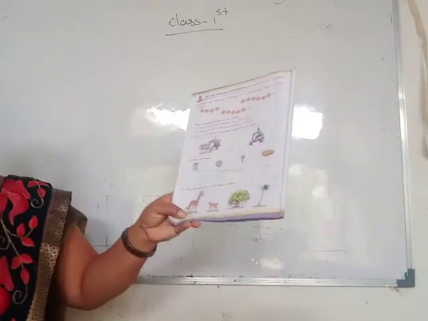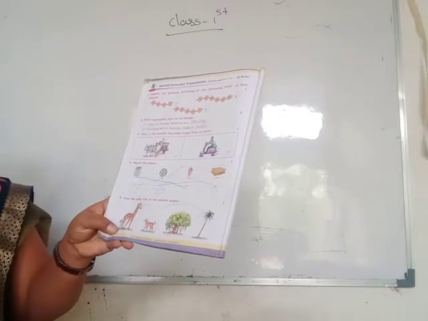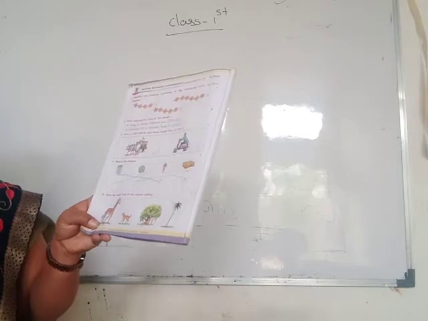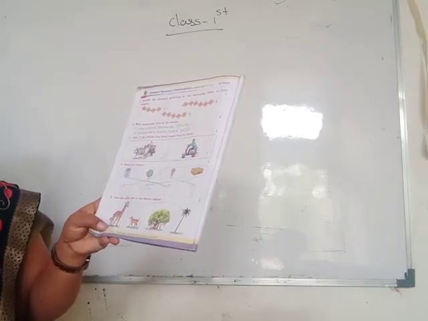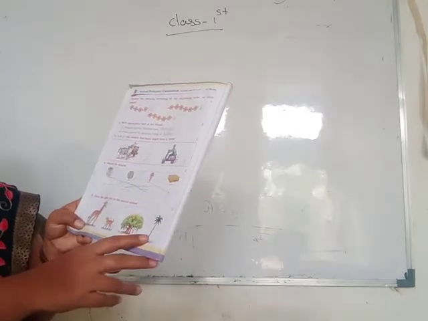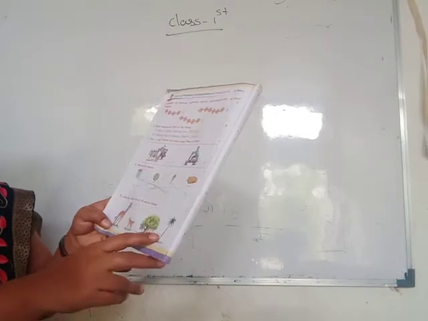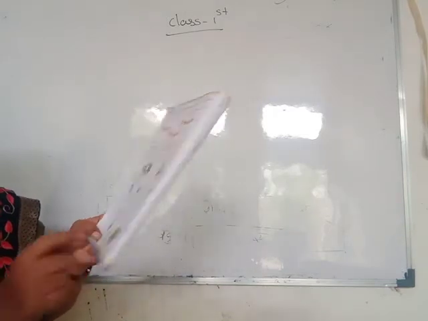Then fifth question you see here, join the taller tree to the shorter animal. You join here one taller tree and one shorter animal. Then first you see here this taller tree, this taller tree is this coconut tree, and shorter animal first one dog. Then you match this.